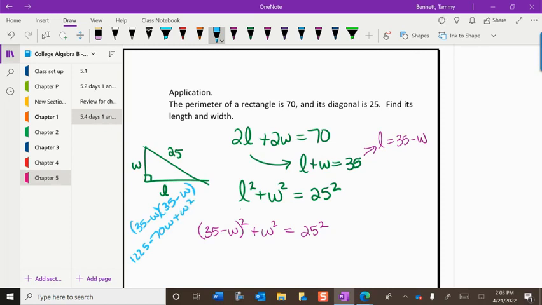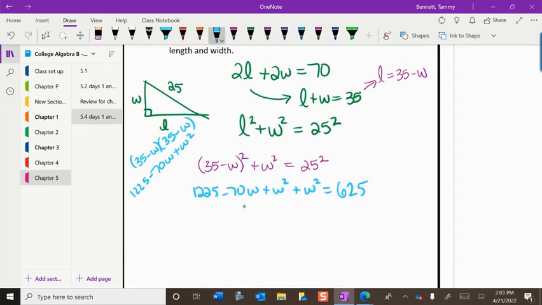So we go down here and write that. So 1225 minus 70W plus W squared plus another W squared equals 25 squared, which is 625. All right, so set that to 0. So 2W squared minus 70W.